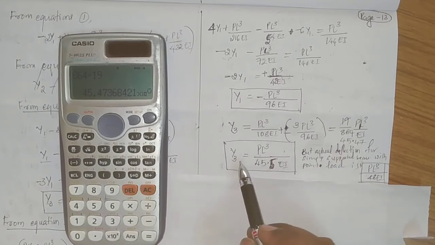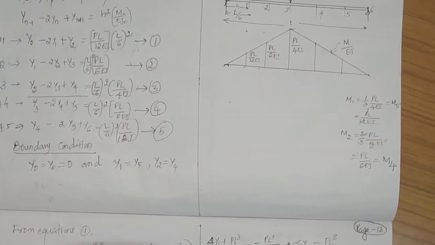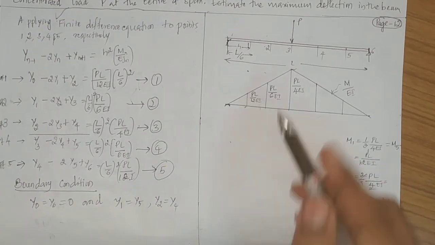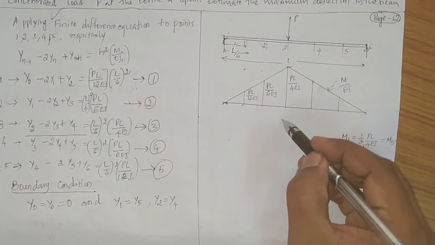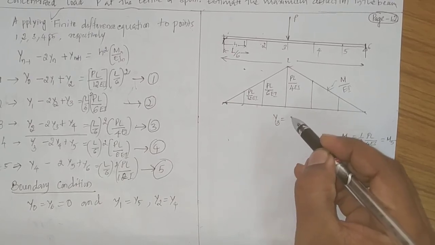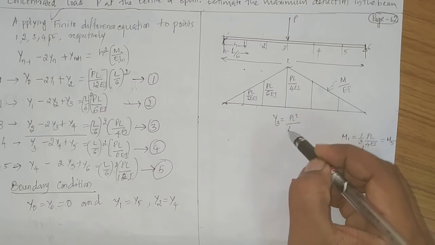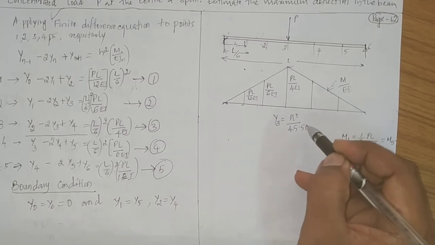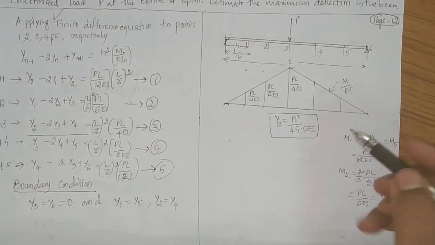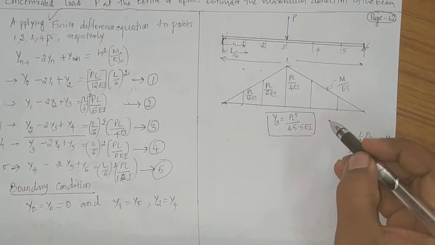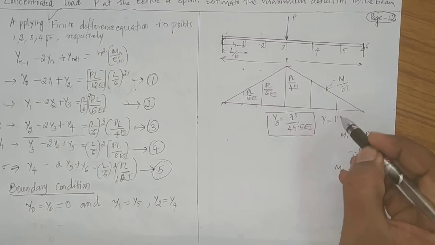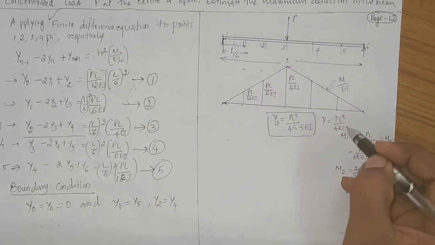Therefore the maximum deflection at center of the simply supported beam, given by the finite difference method, is PL cube by 45.5EI, but the actual deflection from the exact method is y equal to PL cube by 48EI.